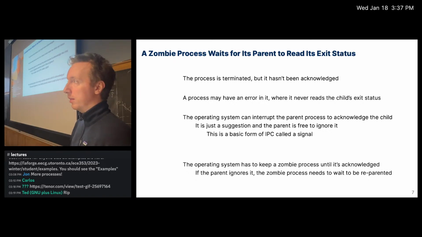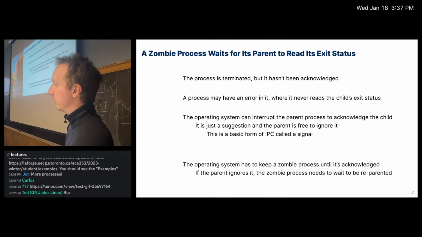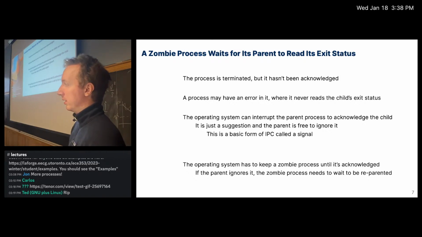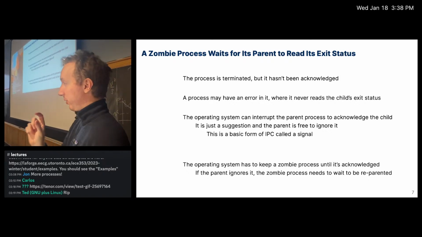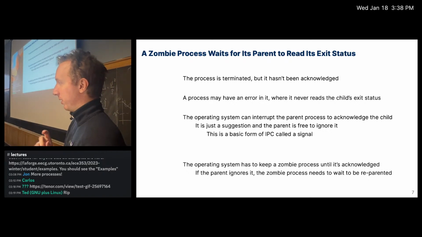So the parent will hang at that line until the child is finished, and then the child has been acknowledged. So the acknowledgement is returning from that wait, and that process ID you get, that's what you acknowledged.